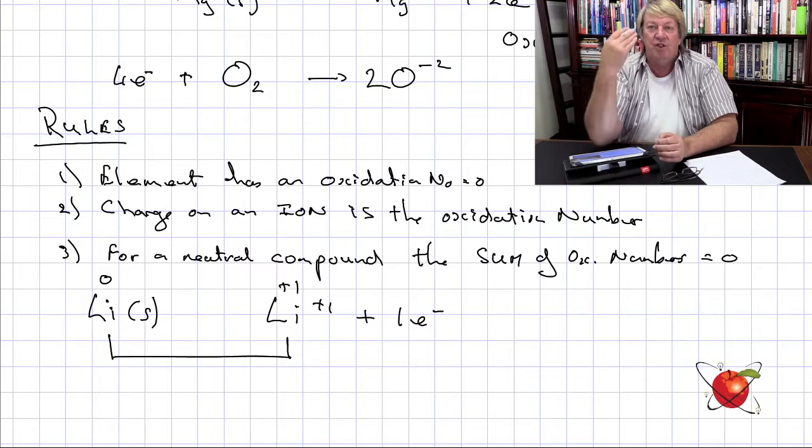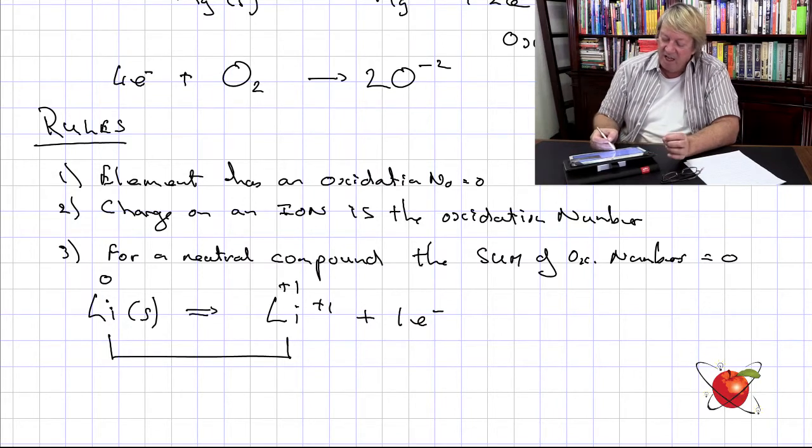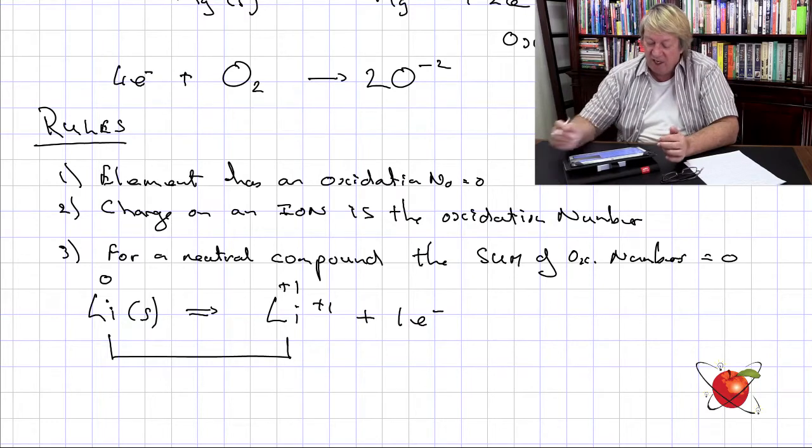We write it on top of it. The lithium solid became an ion and its oxidation number changed from 0 to +1. That's logical. Therefore, the charge on an ion is the oxidation number, because we're saying whether it's got electrons or not, the richness.